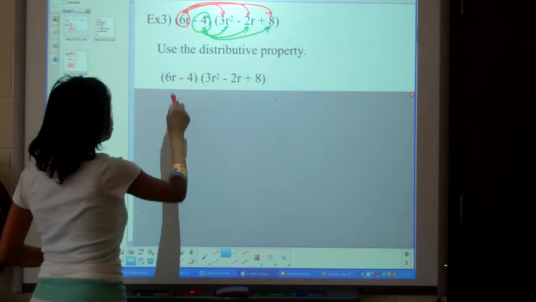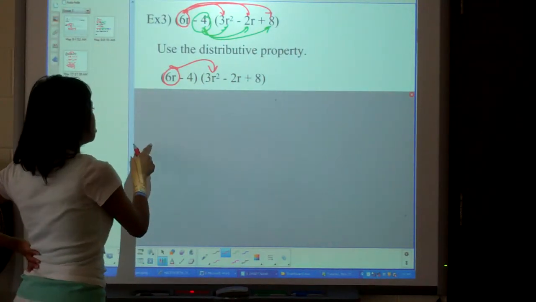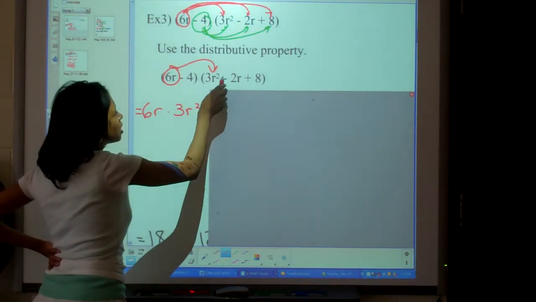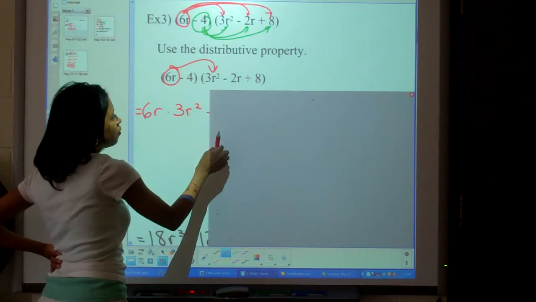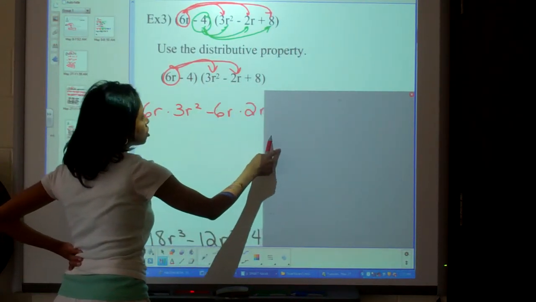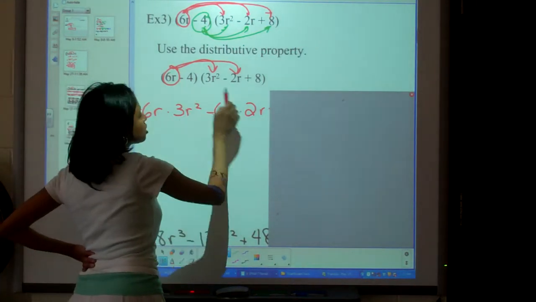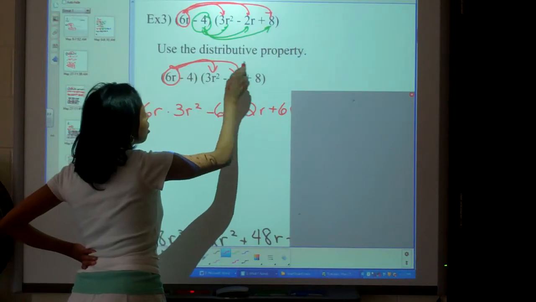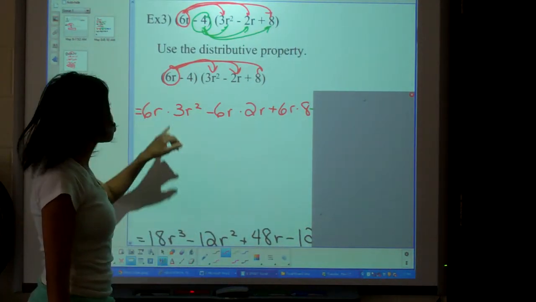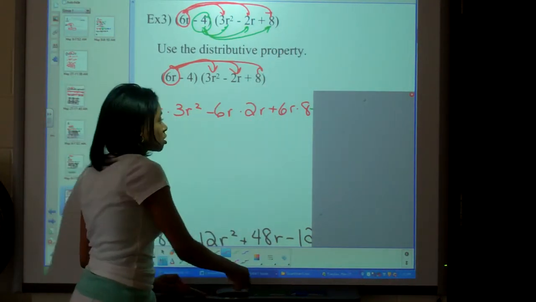The first one, 6r times 3r squared, is here. And then I see a minus, and positive times negative will be a minus 6r times 2r. And then I have plus 6r times 8. And I'm done with the 6r because I shared it with everything in the second term.